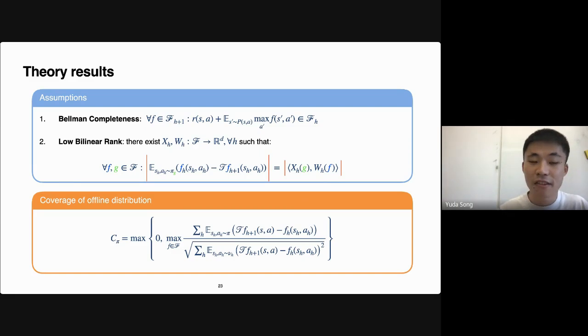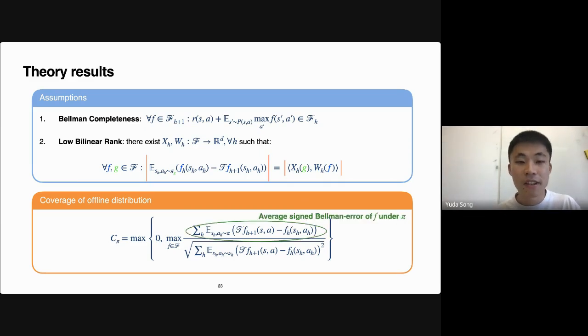The coverage is with respect to some policy pi that we care about, and thus we write it as C pi. The term is basically the worst case: if you look at every function in your function class, what is the worst-case function you're going to have? We call it max f over the function class.